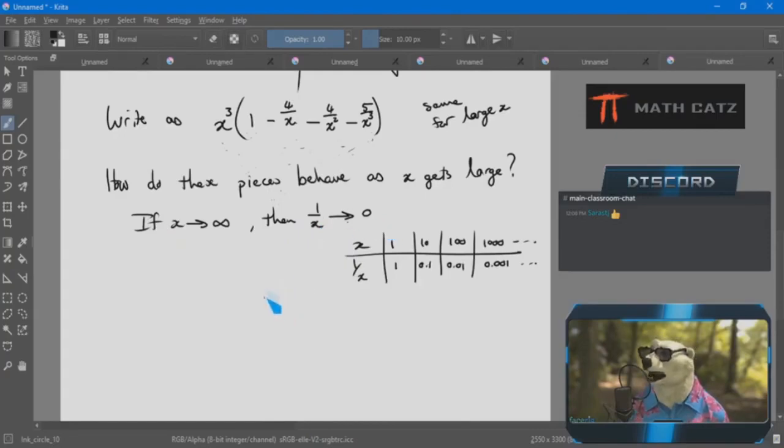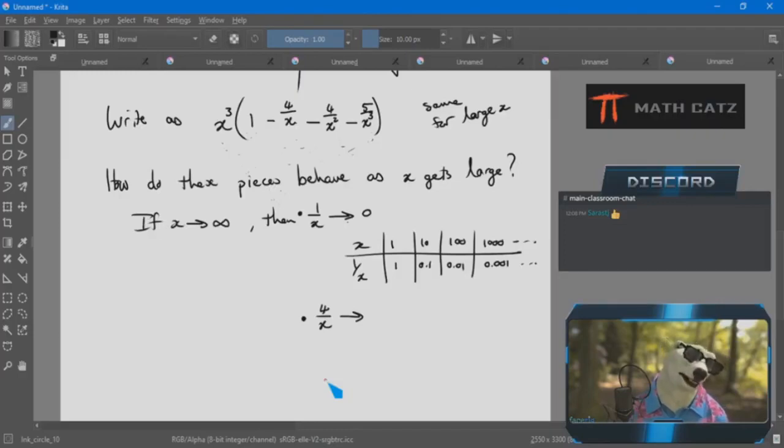So now, does it matter? I'll make it like this. That's 1. I want to make a list here. Does it matter if it's 4 over x? Does that affect the behavior at all? If x gets bigger, now x is as big as you can imagine, and then bigger. There is no limit. There's no end to x.